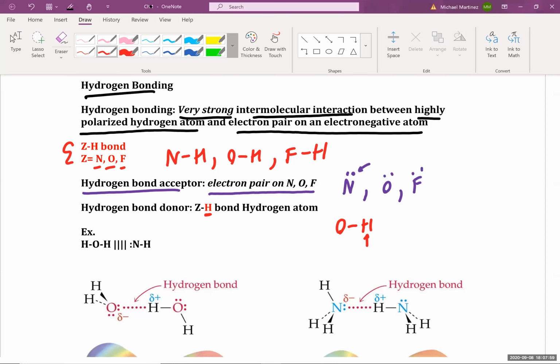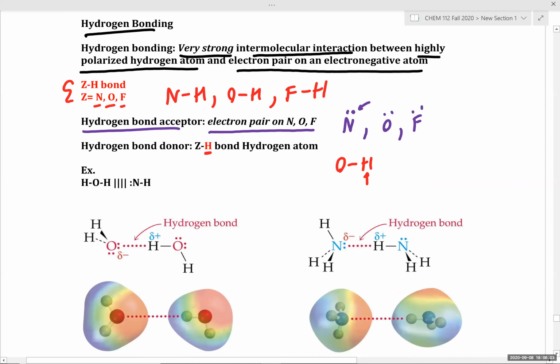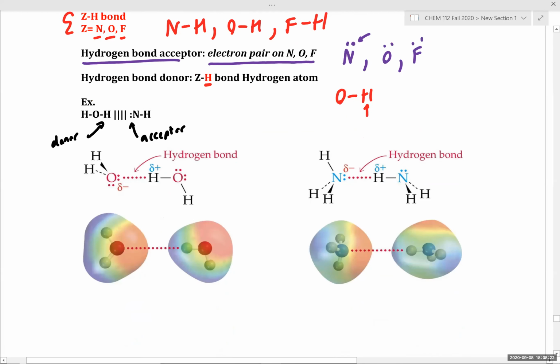We indicate hydrogen bonds using either dashed dotted lines or vertical lines, and the hydrogen bond is drawn between our acceptor lone pair and our donor hydrogen atom. Does this look familiar to everyone? Yeah. Perfect.